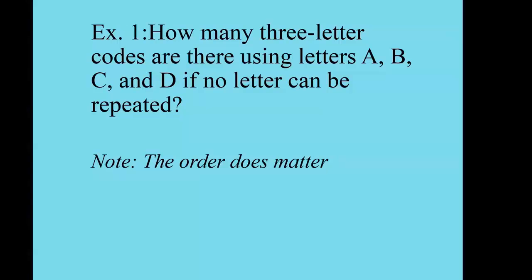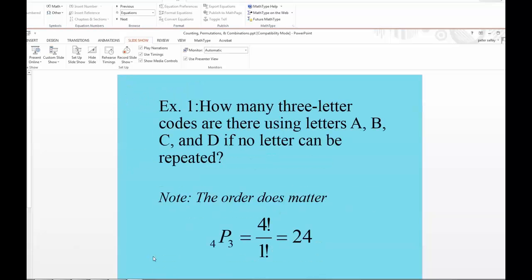So of the four letters, I want to know how many total combinations there are. And with a permutation, ABC is viewed differently than CBA. Same letters, but a different order. The different order gives us a new combination.